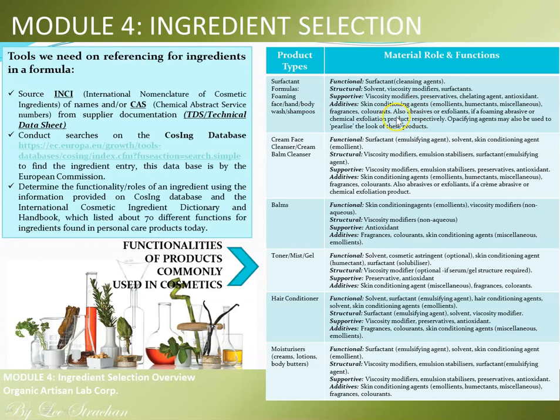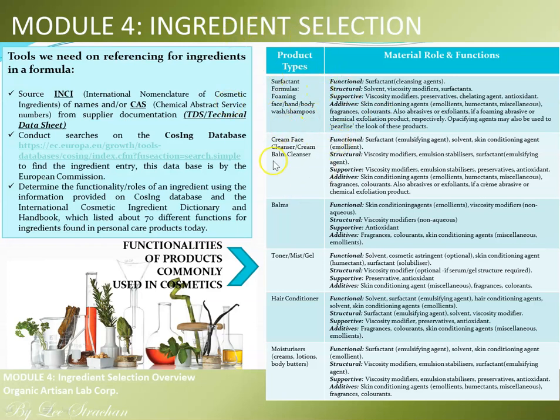Also, if you will be adding abrasives or exfoliants, like if you're creating something like an exfoliating facial wash, there you go, that will be labeled as additives or added extras. Opacifying agents may also be used to pearlize the look of these products, which also falls under added extras or additives.